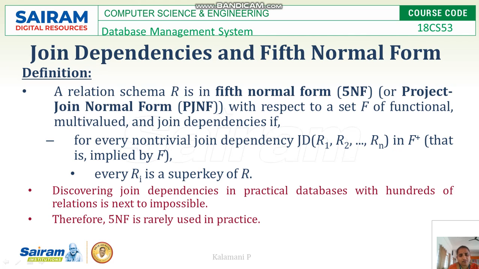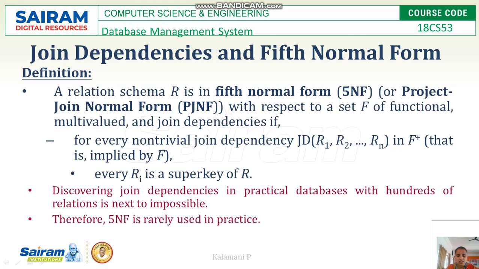Now we define fifth normal form. A relation schema R is in fifth normal form, 5NF, otherwise called project-join normal form, PJNF, with respect to a set F of functional, multi-valued and joint dependencies if the following holds. Remember, when defining second normal form, third normal form and BCNF, we considered only functional dependencies. When defining fourth normal form, we took functional dependency and multi-value dependency.